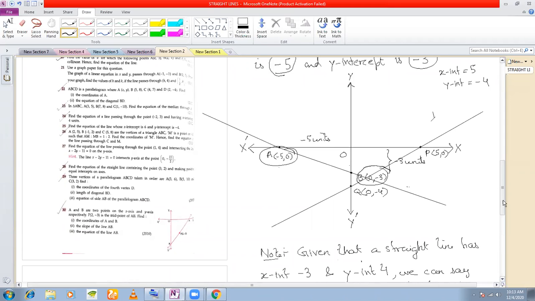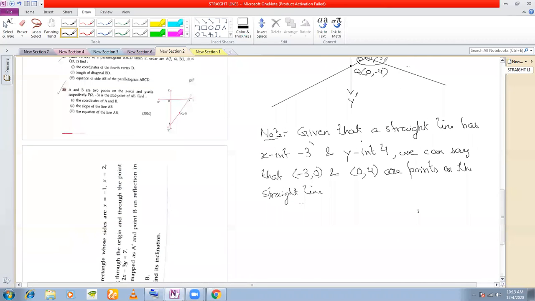Okay, so whenever it is given to you that the x-intercept is -3 and the y-intercept is 4, you can assume that it must pass through (-3, 0) because x-intercept is -3, and it must pass through (0, 4) because the y-intercept is +4 given. This is very important. We shall be using it in the problem.